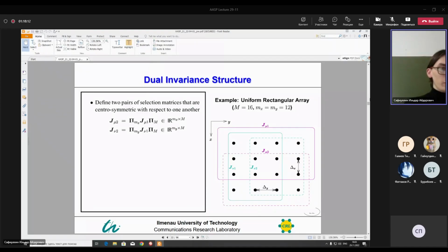In this case, we will have 2 different shift invariance equations. So here you can see how we represent the selection matrices. And here it is the exchange matrix, but of size m sub x, where m sub x is the number of elements.